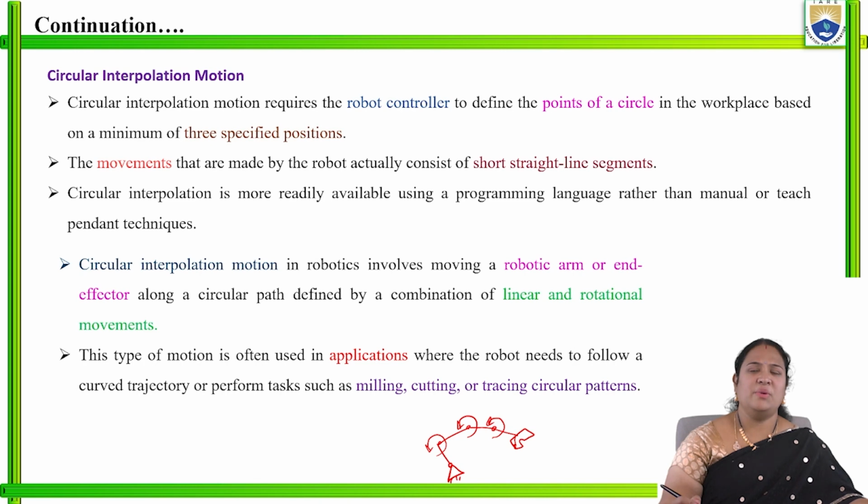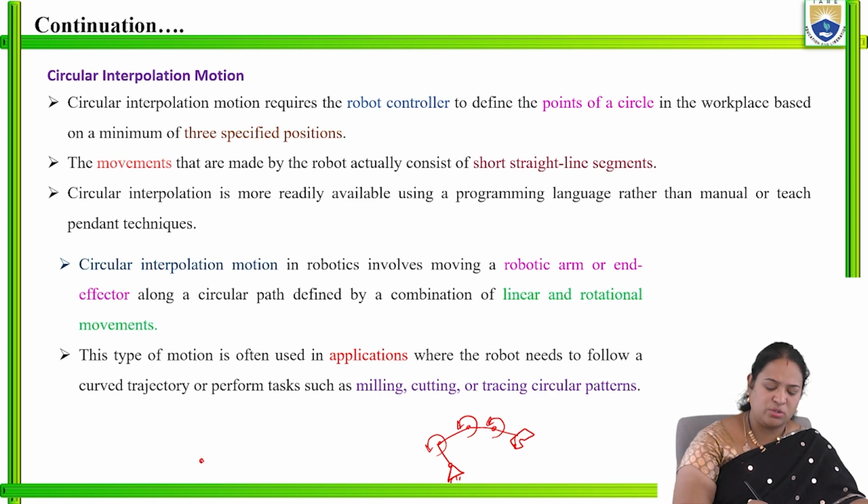The circular interpolation motion requires the robot control to define the points of a circle in the workplace based on a minimum of three specified positions. That is, the movement of the robot's joint will be done in a circular constraint as short straight line segments. When it needs to move from one point to the other point, the robot's manipulator will be moving in a circular direction.